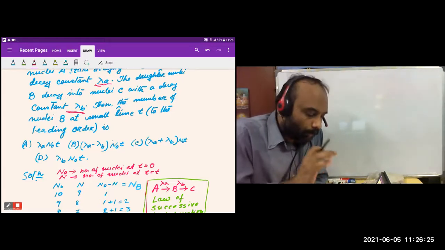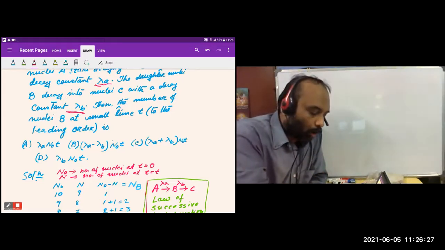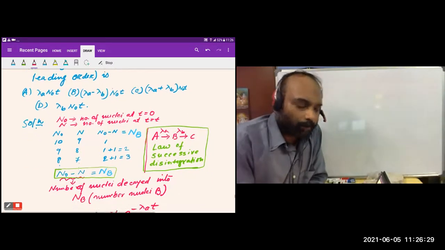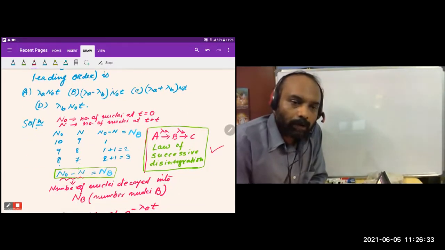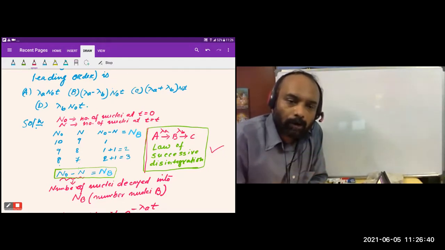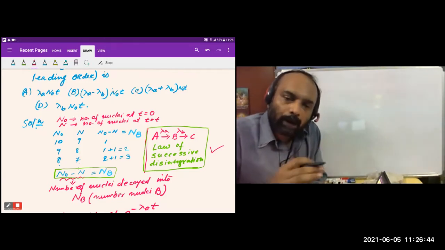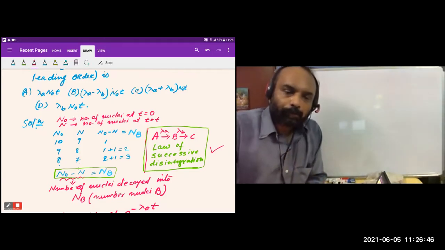Basically, the problem talks about the law of successive disintegration. A goes to B through decay constant lambda A, and B goes to C through decay constant lambda B, and we can have so on and so forth. 4 options are given.